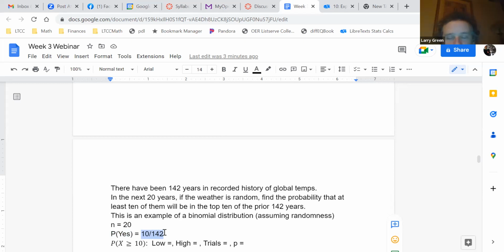That's why that would be the probability of being in the top 10 out of 142 years. All right, so we want to find the probability that at least 10 will be in the top 10. So just a note, and this is very important, at least 10 is X greater than or equal to 10.